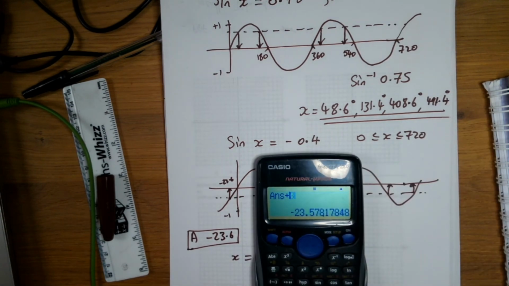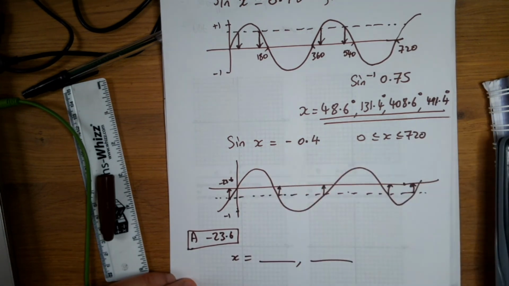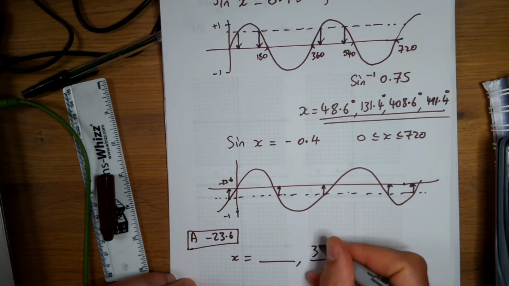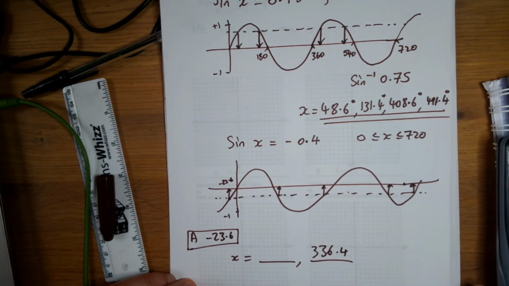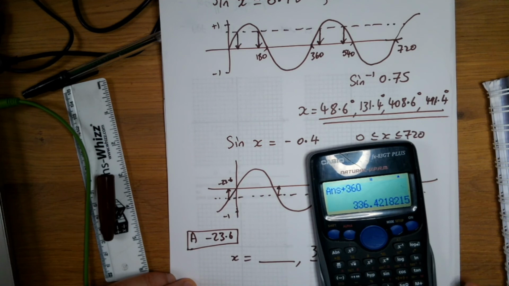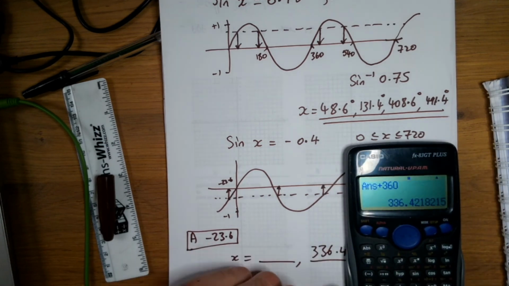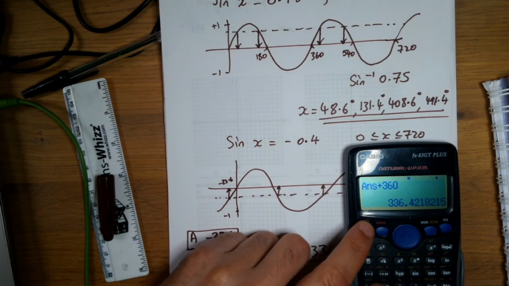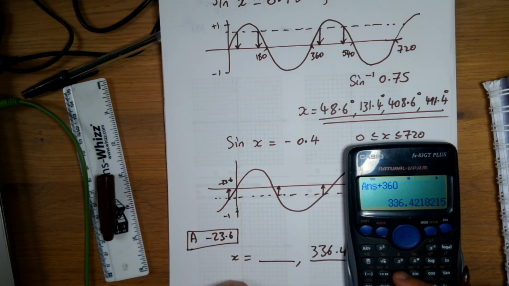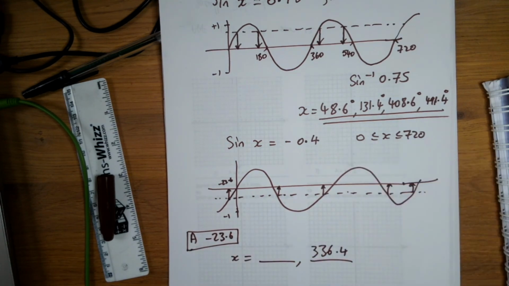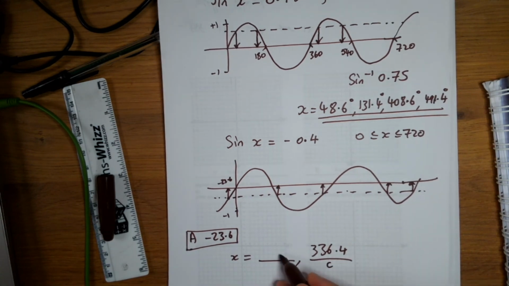So plus 360 is 336.4. There it is, 336.4. And remember, I've got that stored in A. So I'm going to store this not in B, I'm going to store it in C. And I'm going to write C underneath it. I'm saving B for that one.